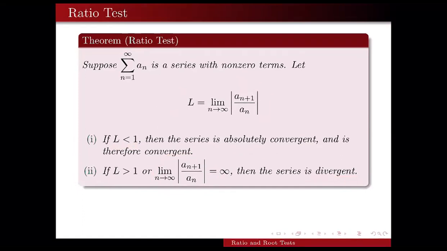So again, you compute the limit of the ratio a sub n plus 1 over a sub n. You get the absolute value first. You have the limit L. If L is less than 1, the series is absolutely convergent. If L is greater than 1 or L is plus infinity, the series is divergent.